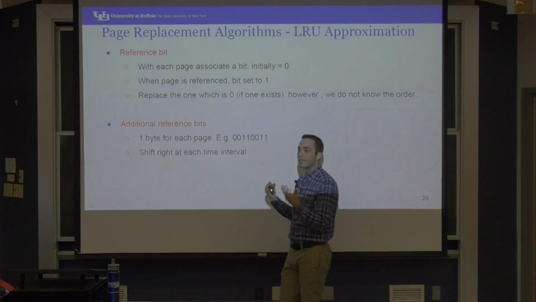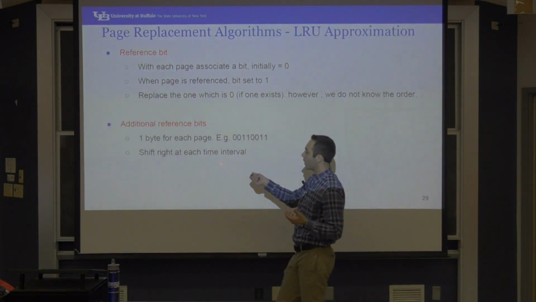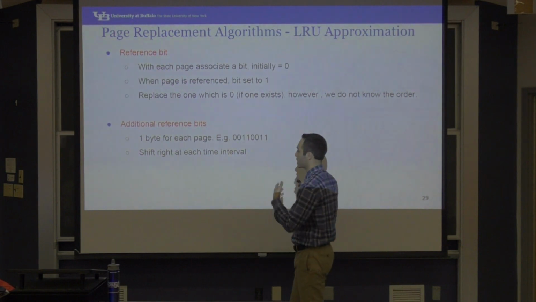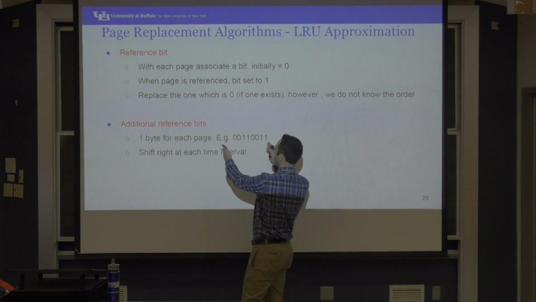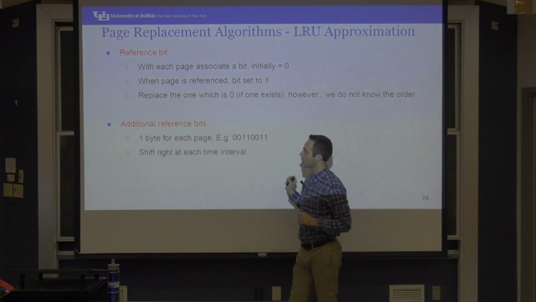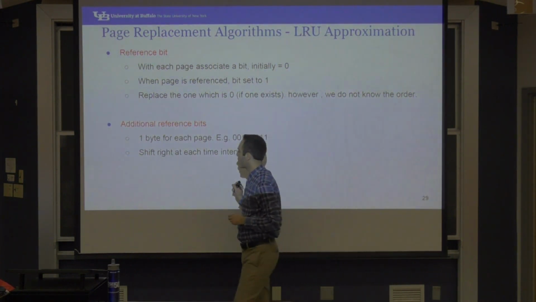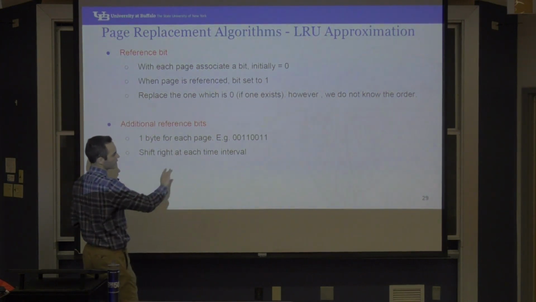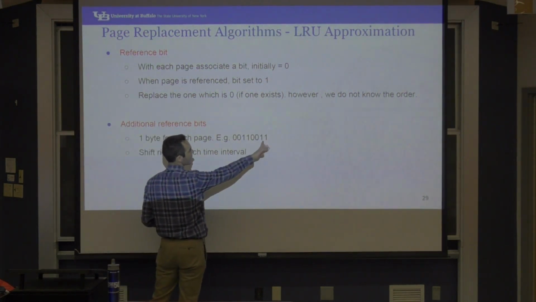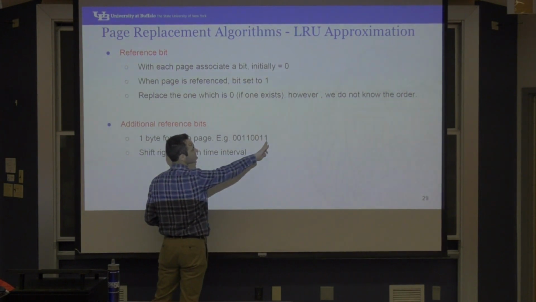So how does it keep the history? At time intervals, not at each reference, but at some intervals, we shift this to the right. If we shift to the right, then this will be the oldest value, and that will be lost.